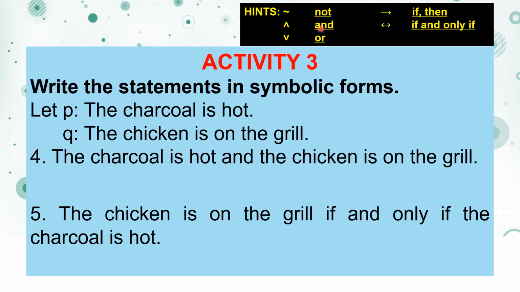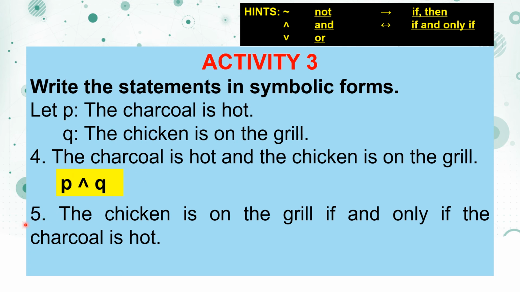So, the symbol for and is the inverted V. The charcoal is hot is the proposition P. So, we write P. And the symbol for and is the inverted V. So, we write this symbol. The chicken is on the grill is the proposition Q. So, we write the Q.